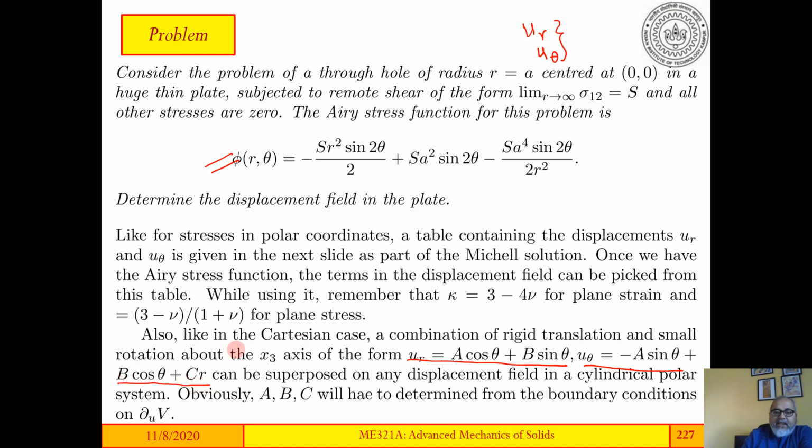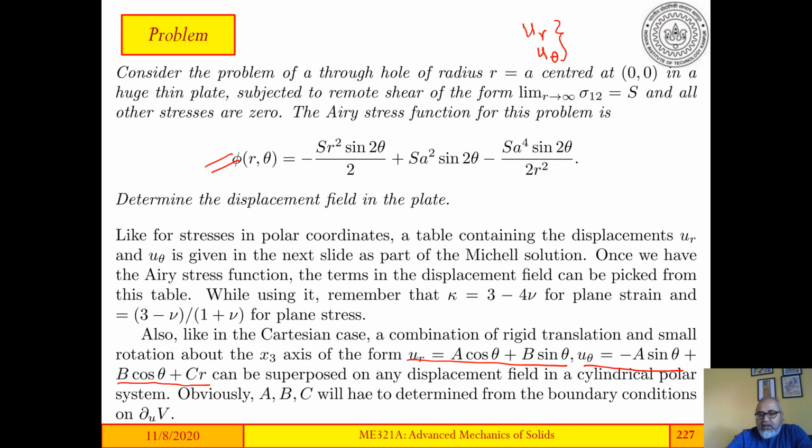These can always be superposed on any displacement that you find without changing the strains in any way. So the strains will not be affected by these rigid body translations and rotations. Any strain that you find, you can always superimpose this on the displacement and you would keep getting the same strain. It will not be affected.